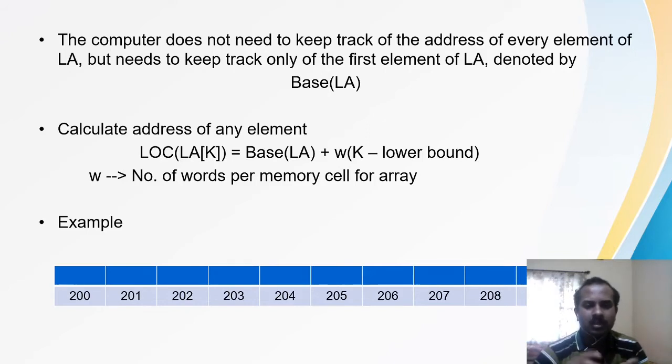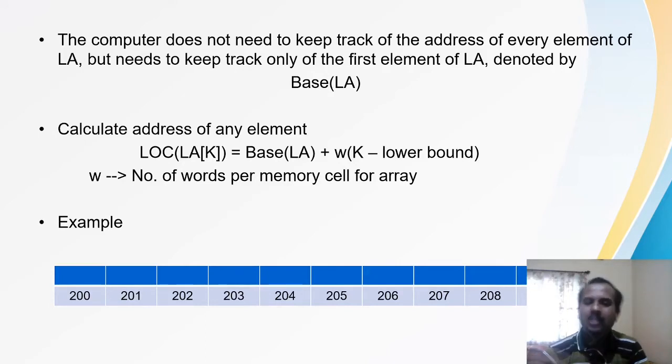The computer, or your compiler, is only going to keep track of the first memory allocation in the linear array, the memory allocation of the first element. And that is denoted by base of LA. We can call it the base address of the linear array.